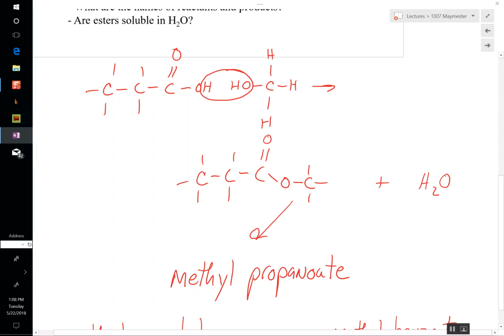Okay, and as soon as you're done with that one, if you turn the sheet over, there's another esterification reaction. And don't go on from there, because we haven't talked about hydrolysis. We haven't talked about those last two reactions yet.